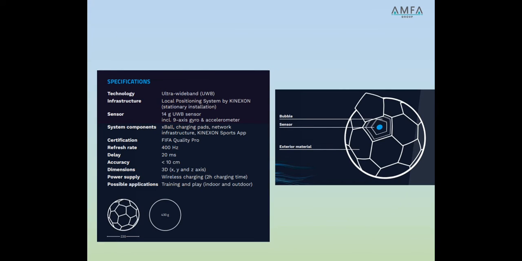So if we go through these technical specifications, as we have seen, it can give 2D as well as 3D dimensions. The sensor weighs only 14 grams, which is very minimal, and this doesn't affect the weight or the inertia of the ball or the physical characteristics or the performance of the ball.